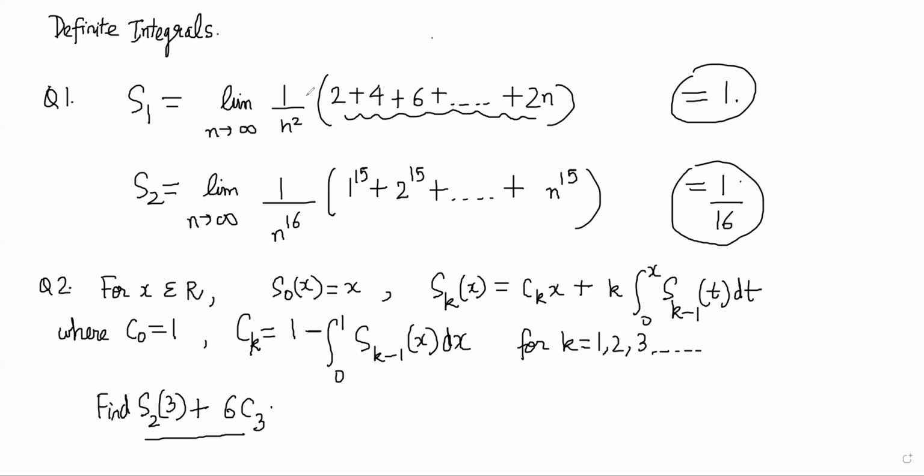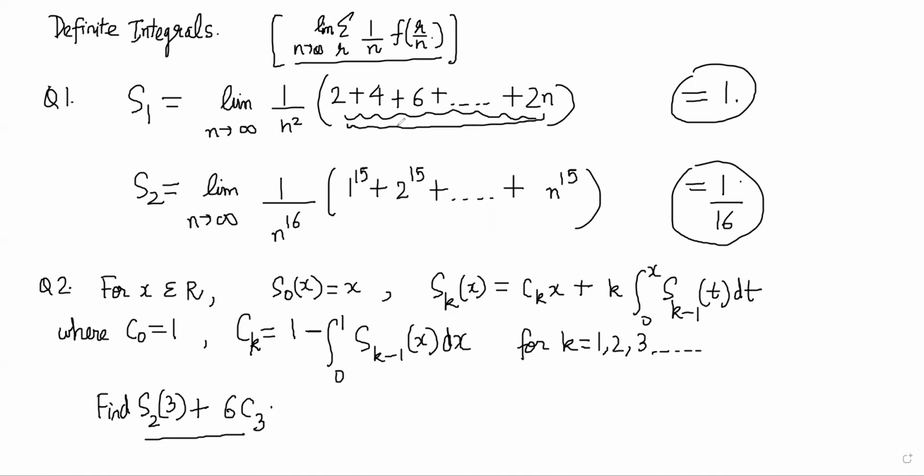Okay, that's true. 1 by n can be written as dx, but you have to write the inside part as a function of r by n, right? You need something like summation, r, and n tends to infinity. But this is one method; the easier method is to simply do the sum.